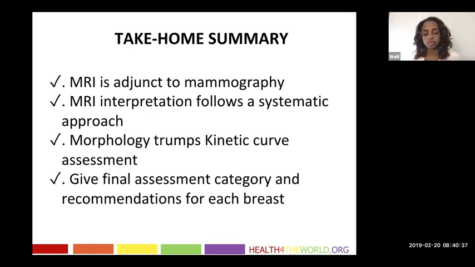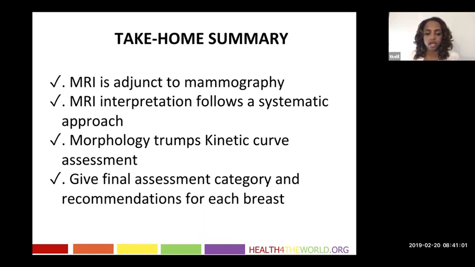Describe the shape, morphology, distribution. Look into the history to see if there's anything that explains any of the associated features like skin thickening or asymmetric enhancement of the breast.